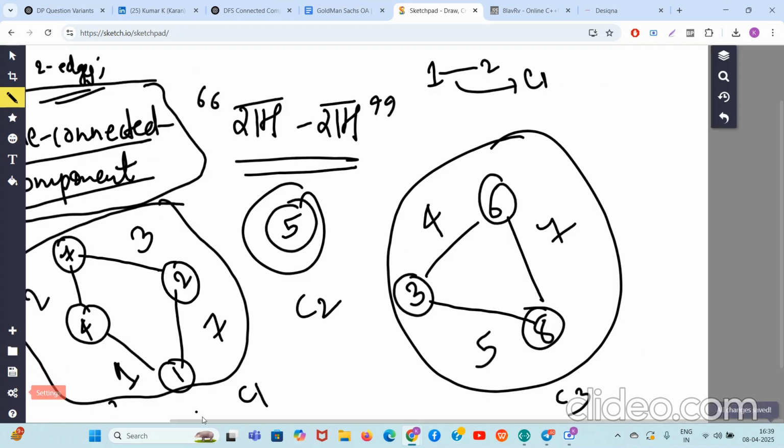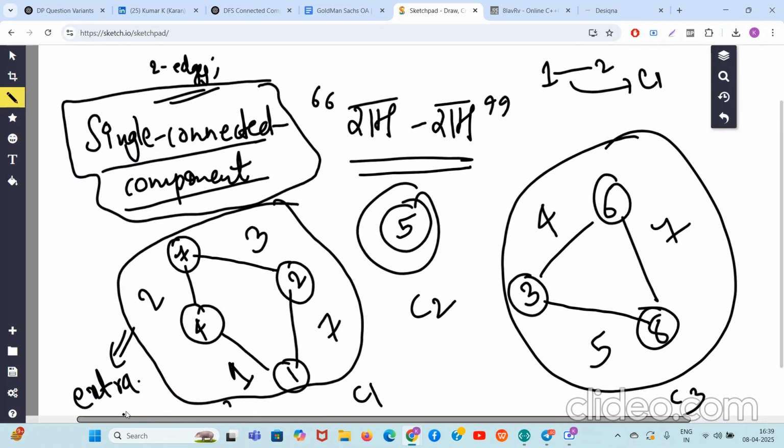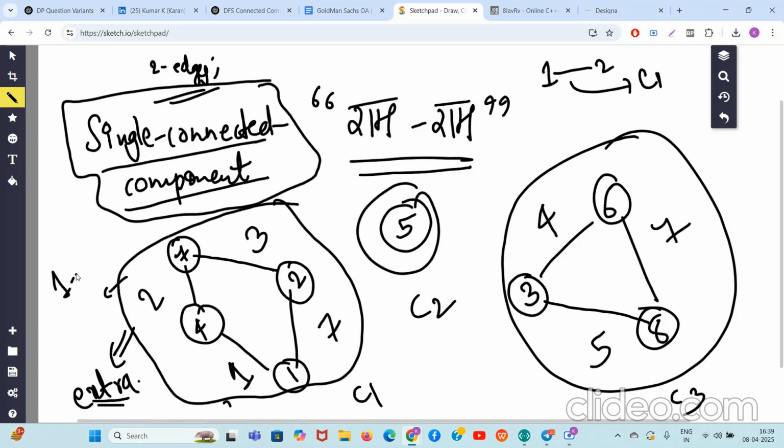Which are the extra edges here? What is the meaning of the extra edge? I taught you this concept just a few minutes before. If you want the graph to remain a tree, the total number of edges is n minus 1. If you want a tree with a single connected component, you can remove all the extra edges after n minus 1. There are 4 edges now, so one extra edge is there.